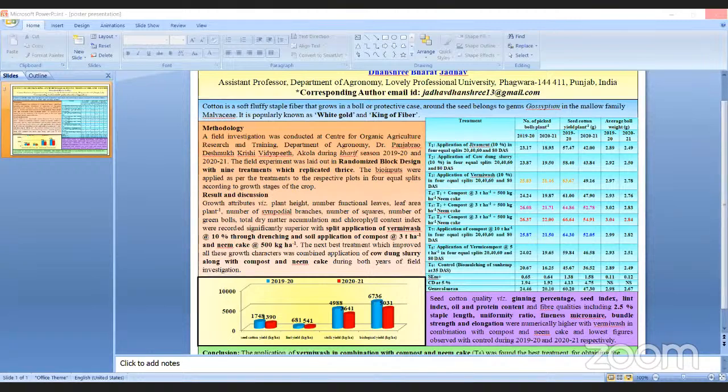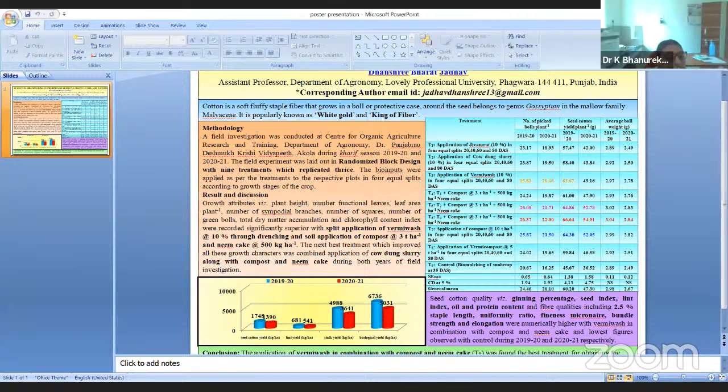Dhanashree, please go for presentation mode. Yes, please, Dhanashree, your slide is visible, but the voice is not audible.